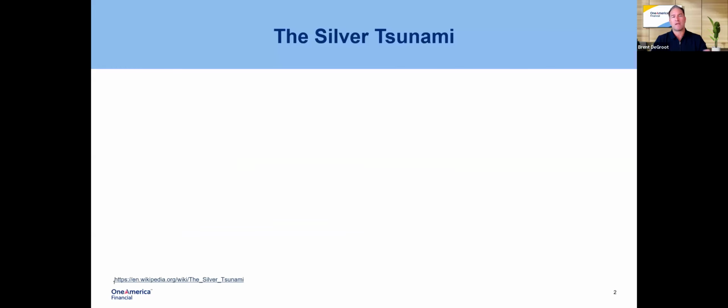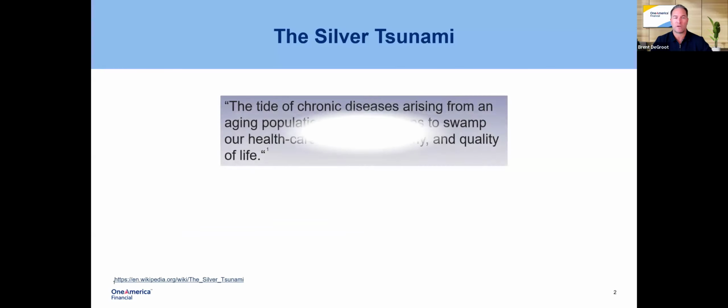But hopefully many of you have heard of the silver tsunami. If I look at a definition that came out of Wikipedia, it says: the tide of chronic diseases arising from an aging population which threatens to swamp our healthcare system, economy, and quality of life.